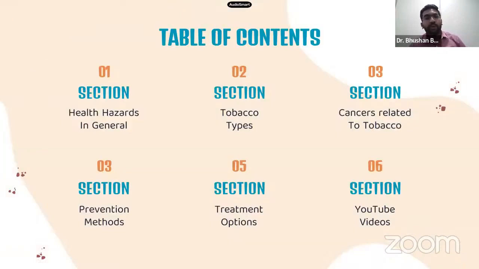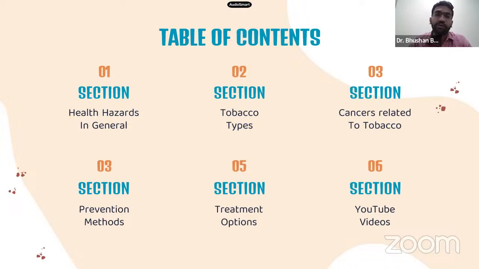So we will be going through 6 sections throughout the PowerPoint presentation. First of all, we will see what the health hazards of tobacco are in general, followed by which types of tobacco there are and how tobacco can be ingested in the body. Thirdly, we will talk about the cancers related to tobacco.